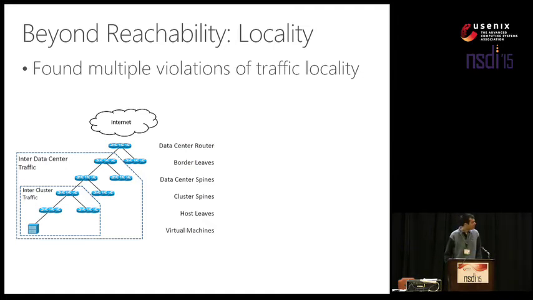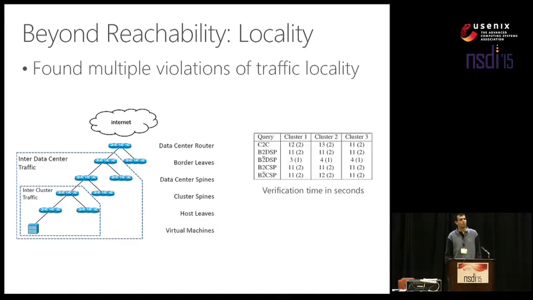I have a table here on the right. These are results for the Hong Kong data center for 3 different clusters, and we have the time in seconds for different types of queries. The first line is traffic between 2 clusters. We are checking whether, if I send traffic from one cluster to the other, the traffic does not go too far. It takes about 12 seconds.